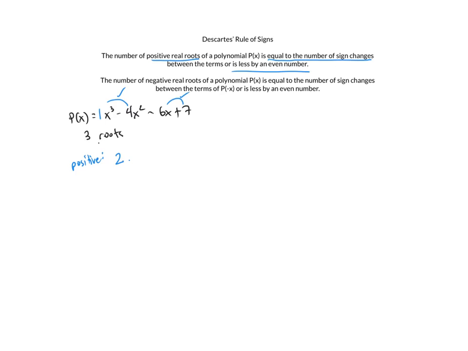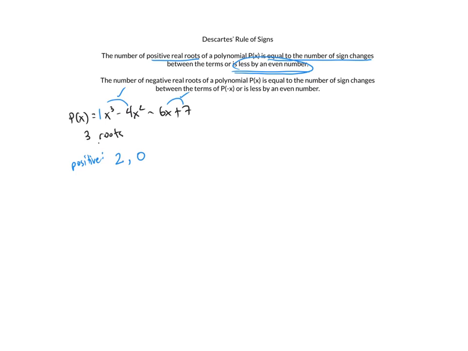So if some of the things that would loop down and actually give us positive roots are actually complex roots, then I would take 2 away from the total, and I would have 0 positive roots left. That's basically why this says less by an even number. So if I had 3 sign changes, I would have 3 or 1 as possibilities. It always has to be an even number less.